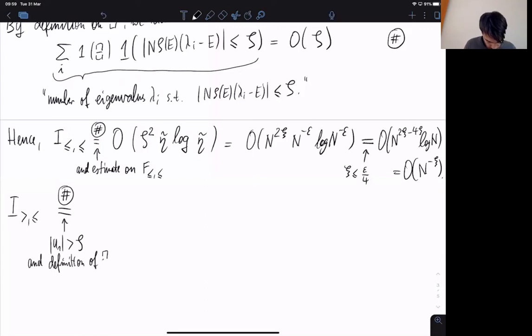So let's see what I end up with. I get a zeta from estimating the U2, and then what I'm left with is another sum over eta tilde divided by I minus I0 squared plus zeta squared.